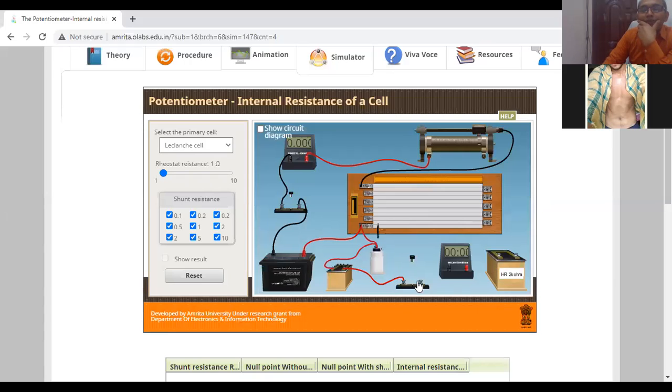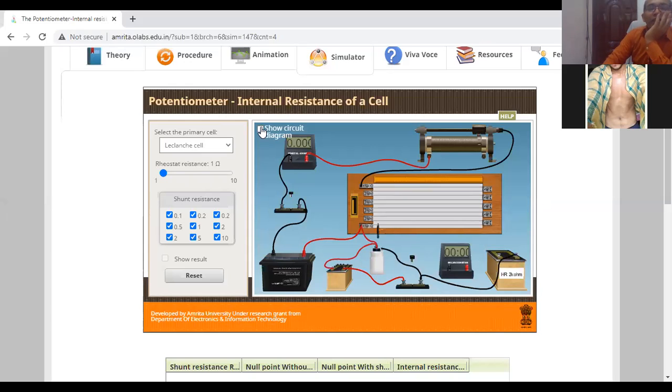So, check. No, it is not taking. Yes, now it's correct. Now, one of the terminals of this cell has to be connected with this resistance box. Okay, yeah, here. Okay, now correct.